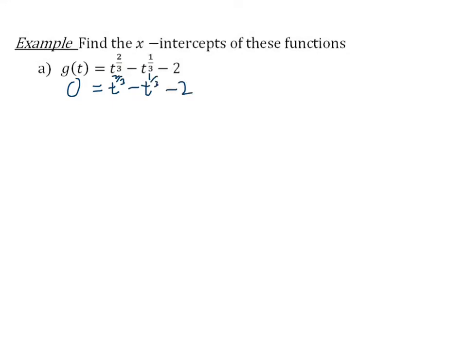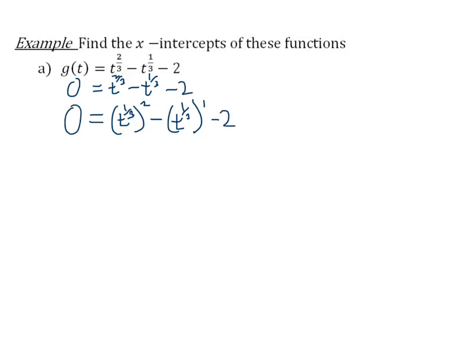And now we need to rewrite this in quadratic form, so we need something squared. Well, what we know from fractional exponents, this is t to the 1/3 squared, so that's a 3 in there. And so this can be written as t to the 1/3 to the first power.